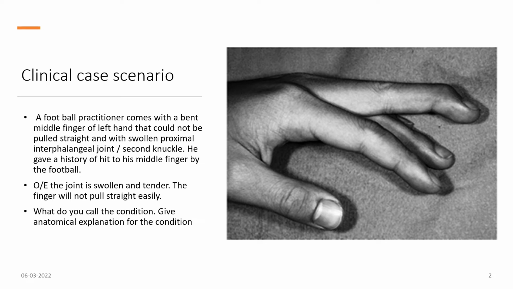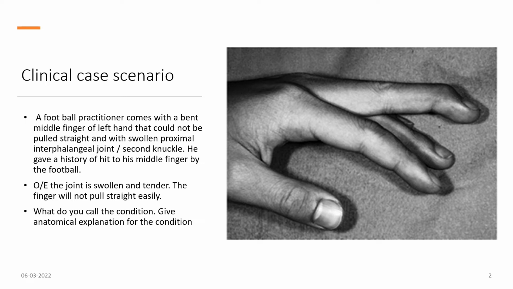See the picture. A football player who is practicing comes with a bent middle finger of his left hand, and he could not make it straight, and it is swollen.